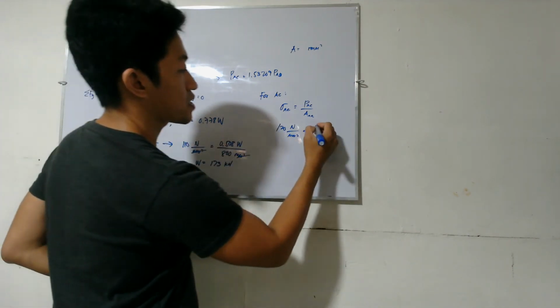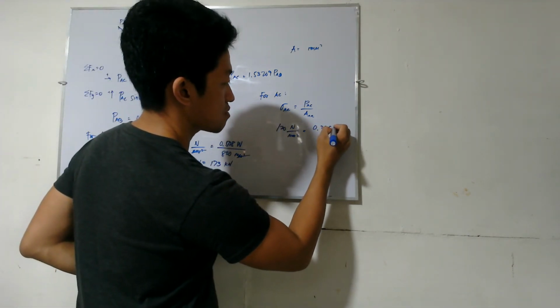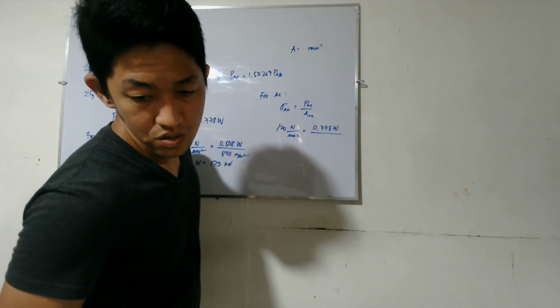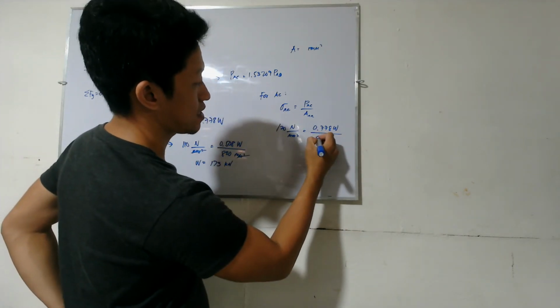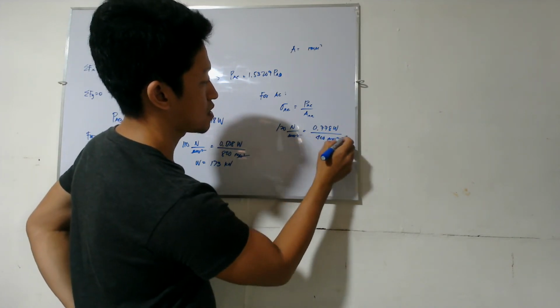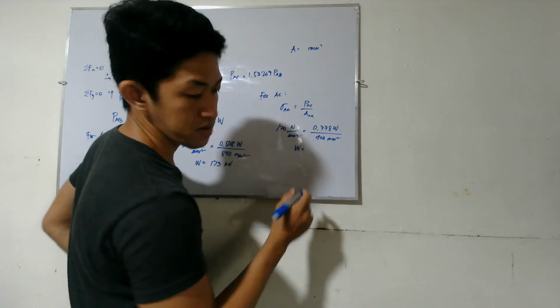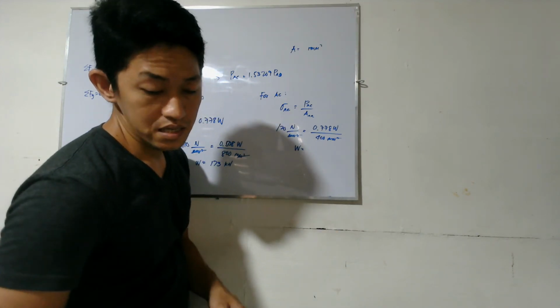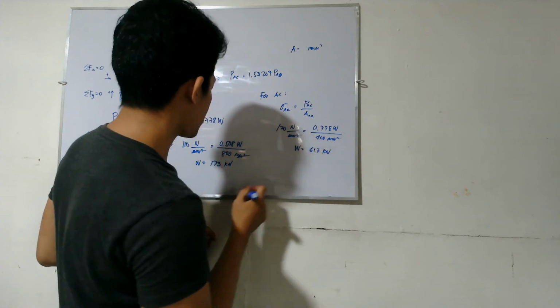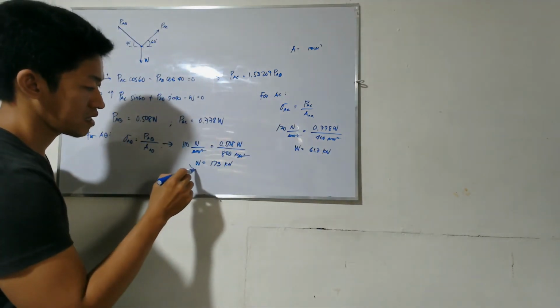PAC is 0.778 W over 400. Okay, cancel. Therefore, the weight you get is 61.7 kilonewton.